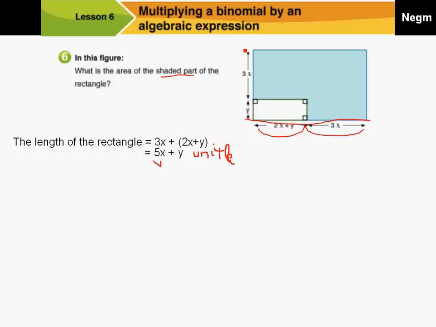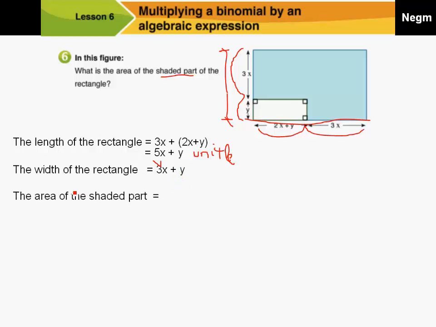And also the width is 3x plus y, which gives the total width of the large rectangle. The width is 3x plus y. The area of the shaded part is the area of the big rectangle, which is length multiplied by width, minus the area of the small rectangle. Area of the small rectangle is y times 2x plus y.